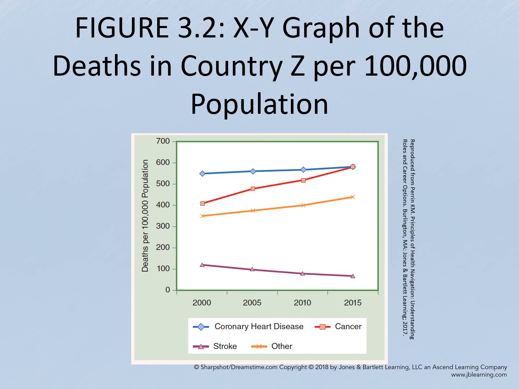If we look at coronary artery disease, we saw that in 2000 the number is between 500 and 600 per 100,000 population, and the rate has been increasing from 2005 to 2010 to 2015. This trend is slowly increasing. But looking at cancer, we see that the rate has been increasing more rapidly from 2000 to 2015.